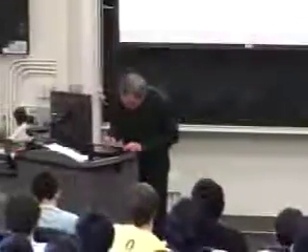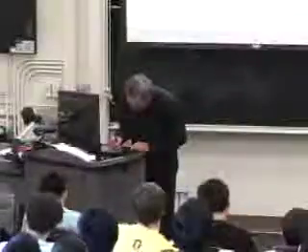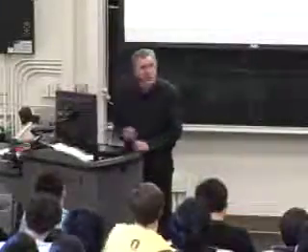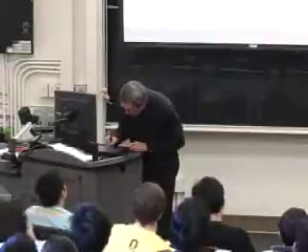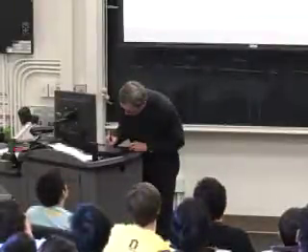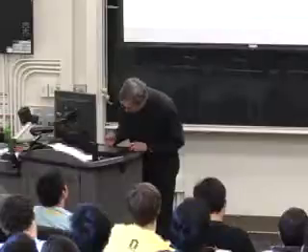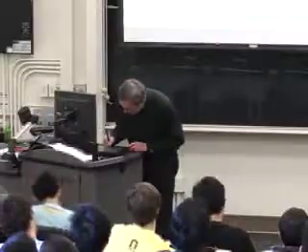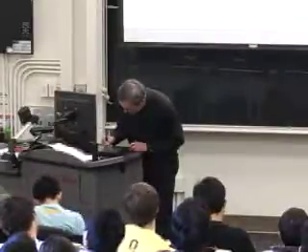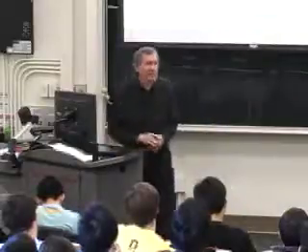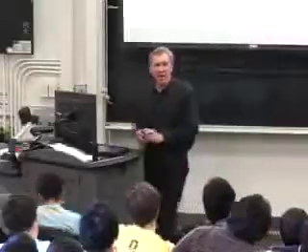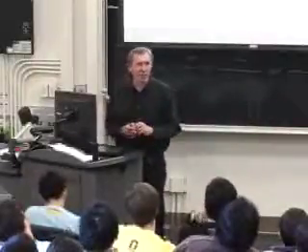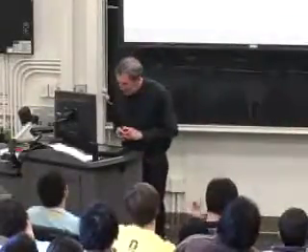So if we want to know what P of A and B is, and we have a joint distribution over A, B, C, then the way we want to do that is we want to sum over possible values of C of P of A, B, C. Right? That's just our definition of the probability of A, B. It's just we sum out over all the variables that we're not conditioning on.